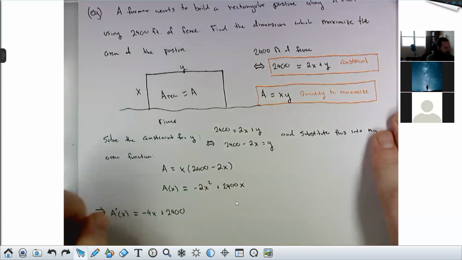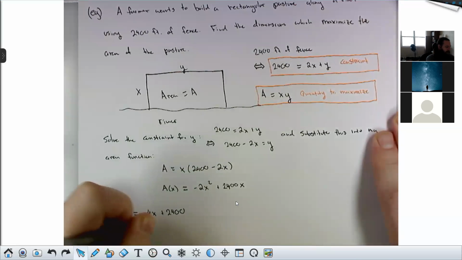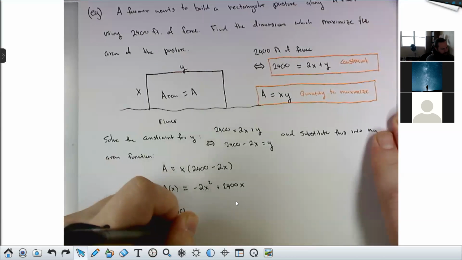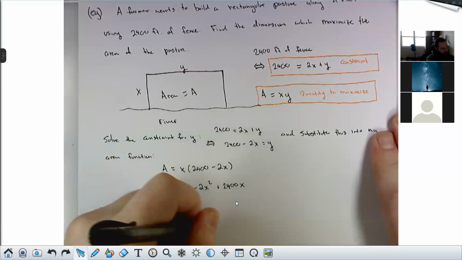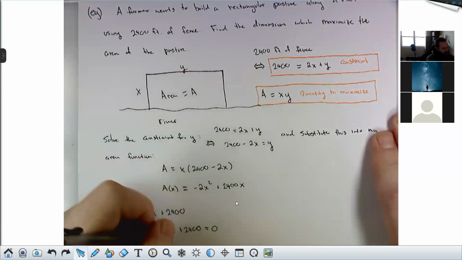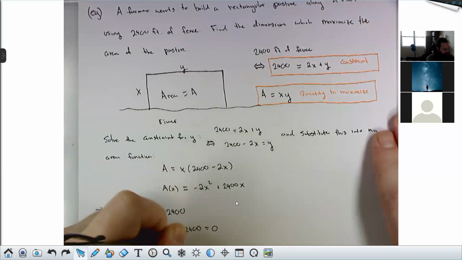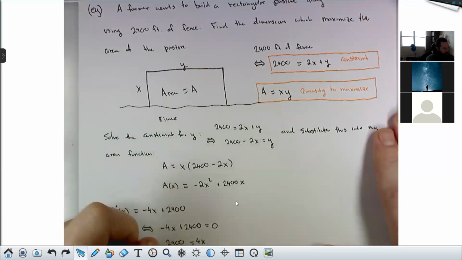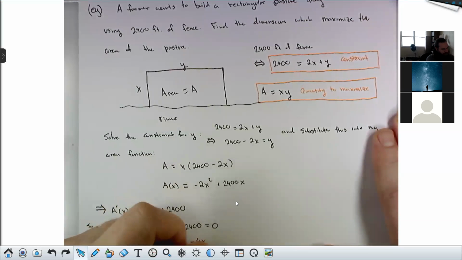So A primed of X is equal to 0 if and only if negative 4X plus 2400 is equal to 0. And that means that 2400 should be equal to 4X. And that means that 600 is equal to X.